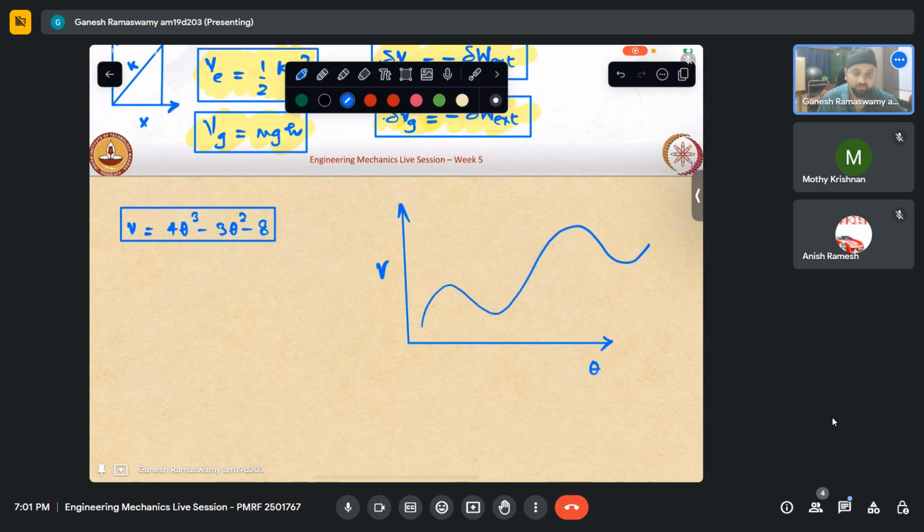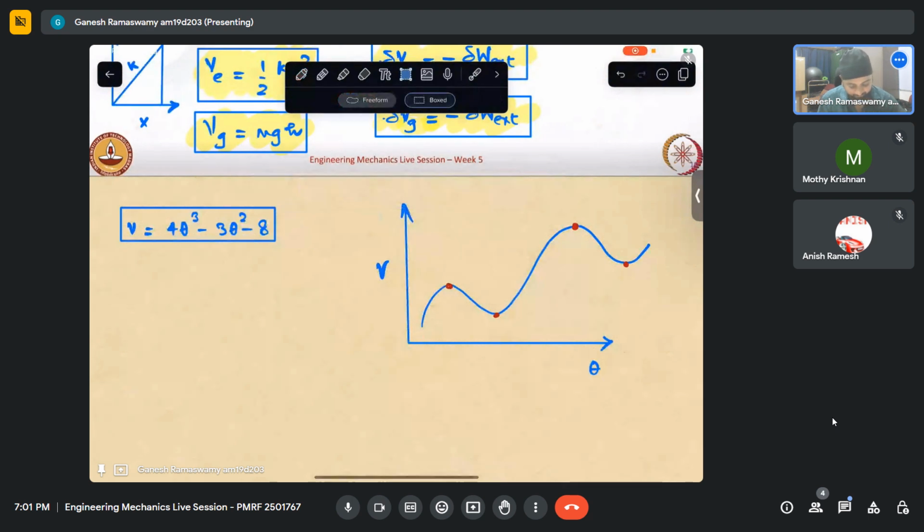So what this is saying is, each of these positions represents positions of equilibrium. It's a different thing whether it is stable or unstable. When will the equilibrium of a system be stable and unstable?